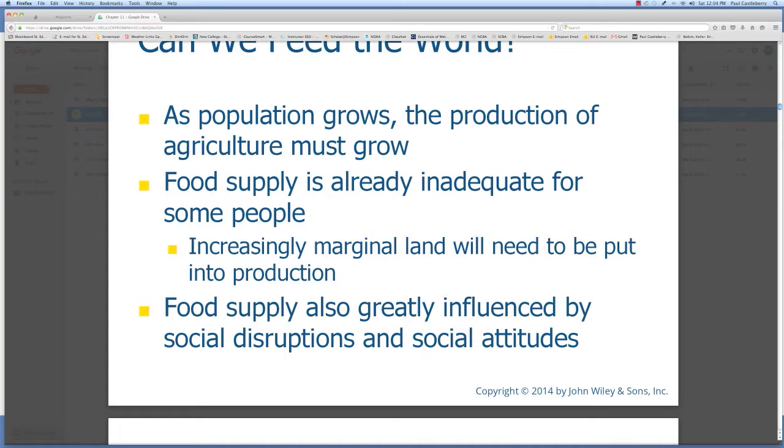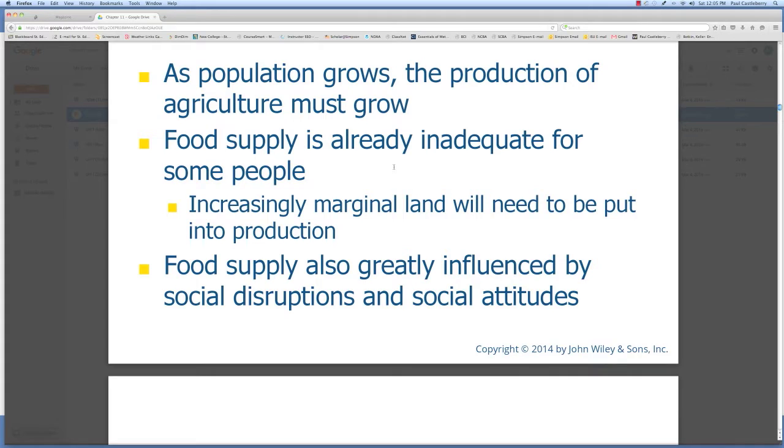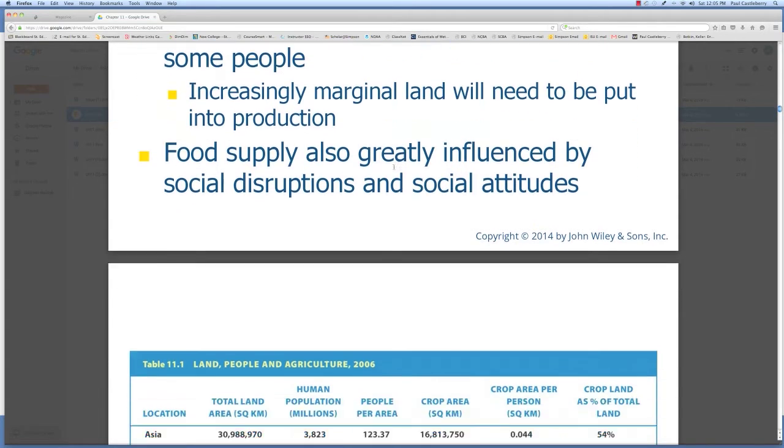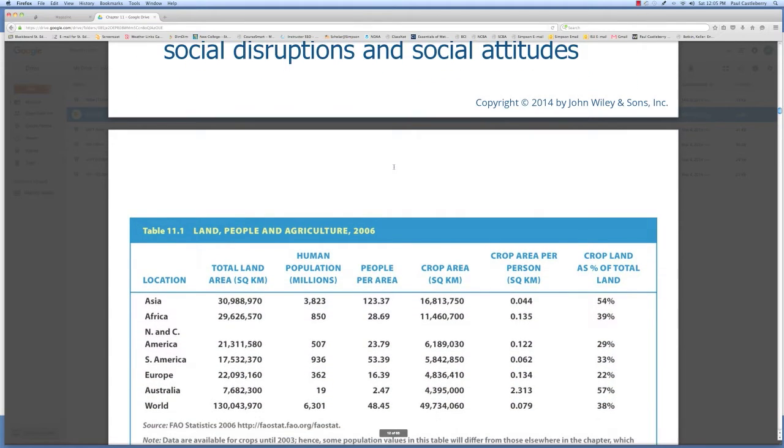And so those are some issues as well. And in terms of social attitudes, there are some lands that people do not want to use, they might have some sort of religious reasoning for that. And so those are things that have to be taken into consideration as well.